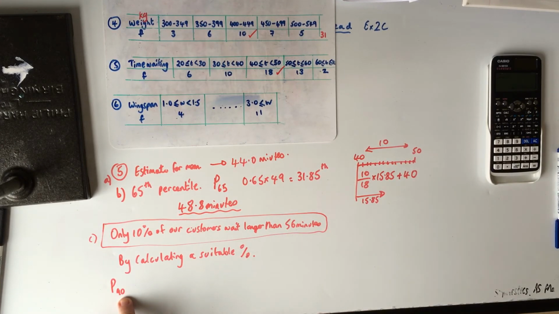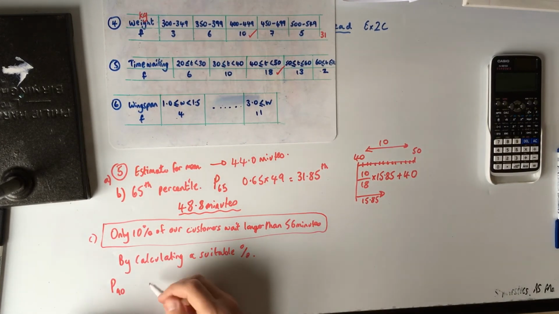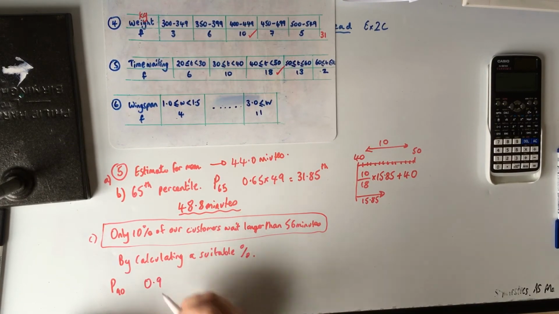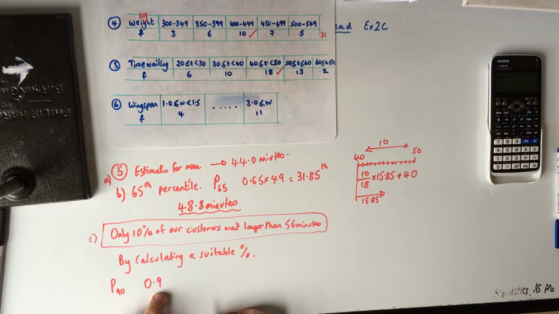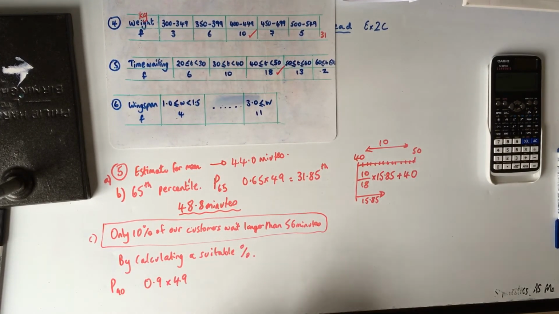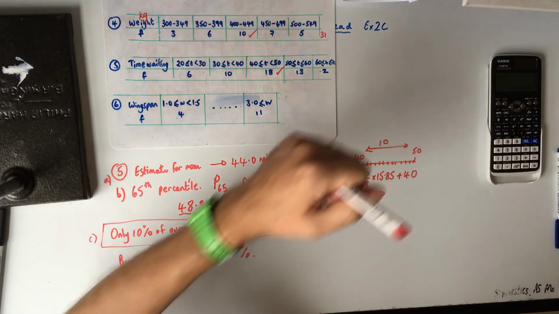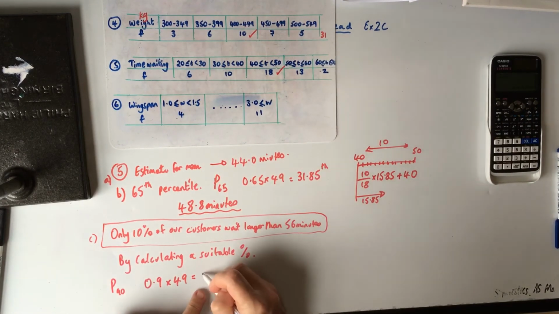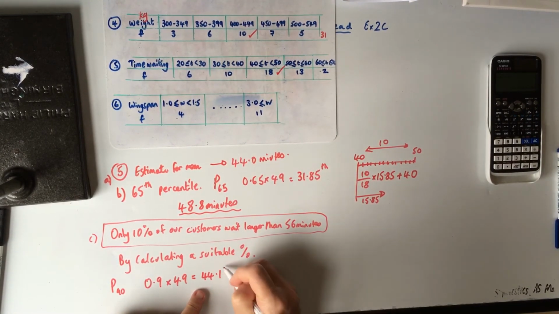Okay. So the 90th percentile is 0.9 of 49 people. So we'll do that, 0.9 of 49, and we get 44.1.